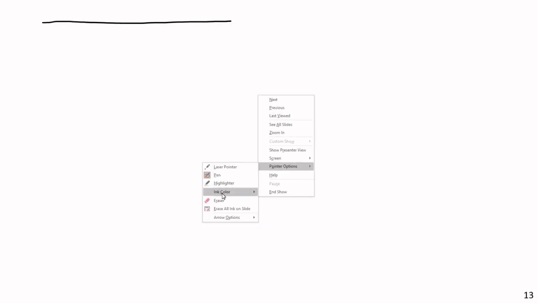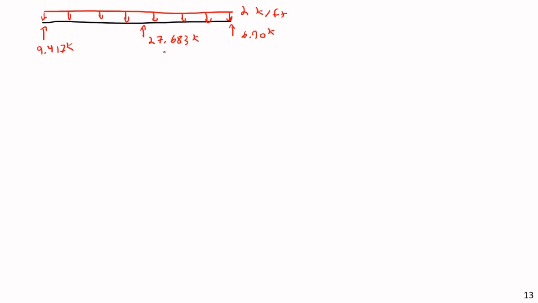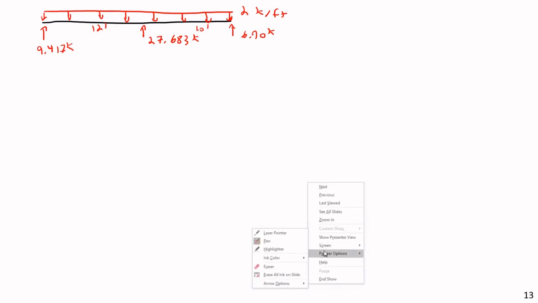The final free body diagram will have my distributed load of 2 kips per foot across the top, a reaction on the left-hand side of 9.417 kips, on the right-hand side of 6.90 kips, and a middle reaction of 27.683 kips, and again 12 feet and 10 feet are our dimensions.